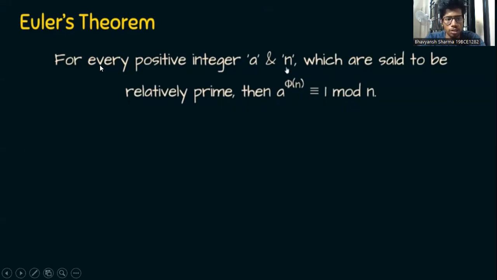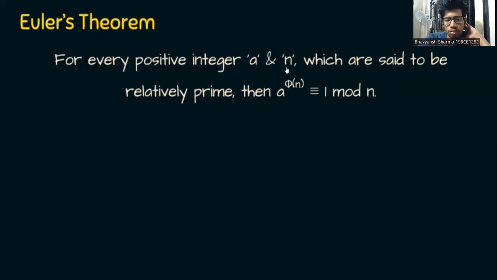By the definition of Euler's theorem, for every positive integer a and n which are relatively prime, in Fermat's theorem, the condition was that n should be prime and a shouldn't be divisible by n. And here the condition is that a and n both should be positive numbers and relatively prime. What do we mean by relatively prime?